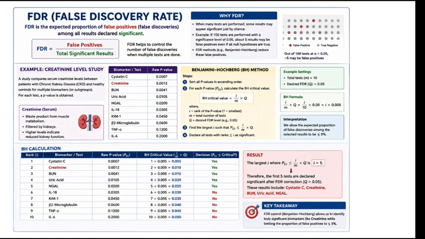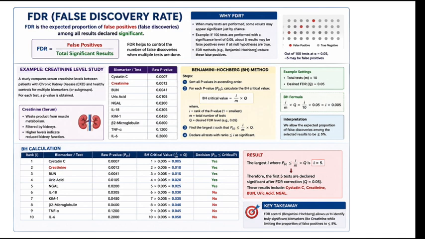After giving the ranks, the critical value is calculated by dividing the rank position by the total number of significant values and multiplying by 0.05.